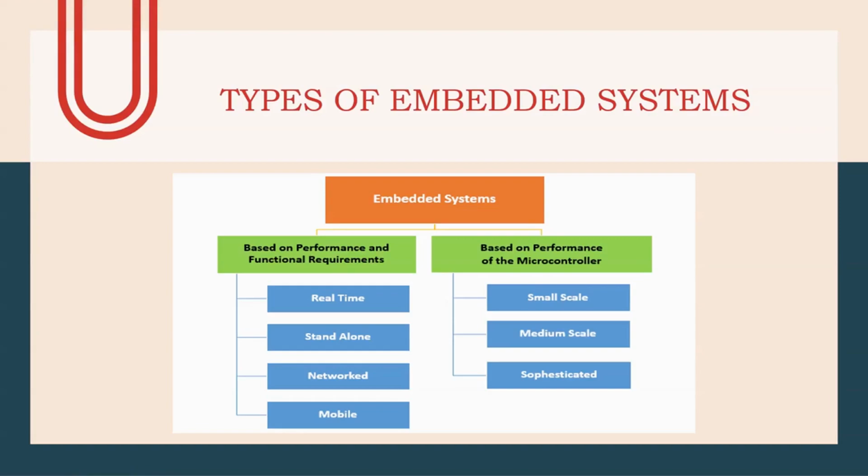And coming to the second: small scale, medium scale, and sophisticated. Small scale is about 16 bit, medium scale varies at 32 bit, and the last one, sophisticated, is very large and complex, at 64 bit.